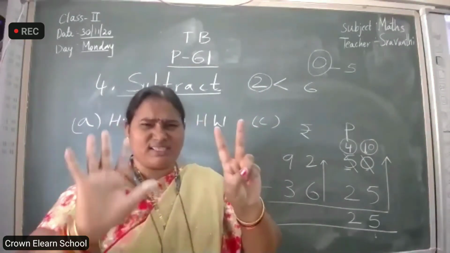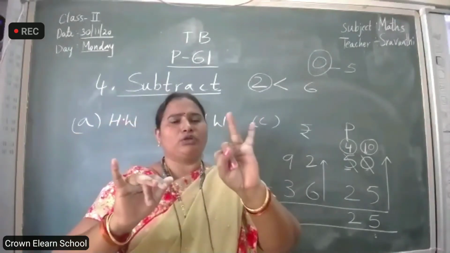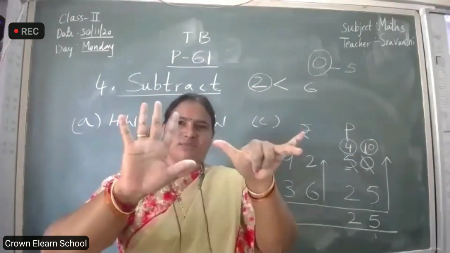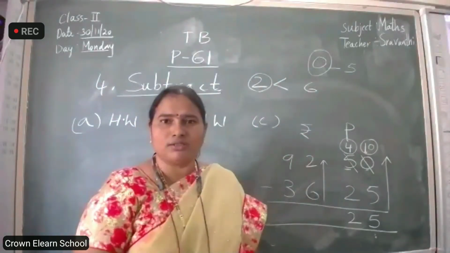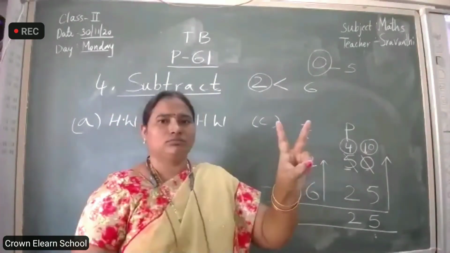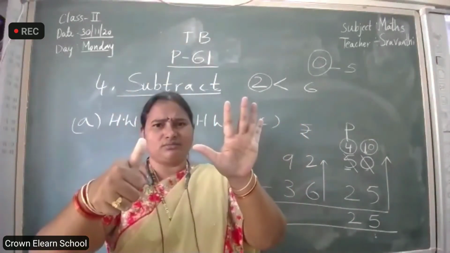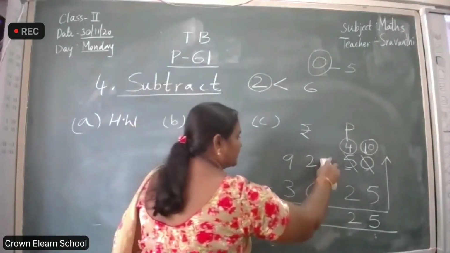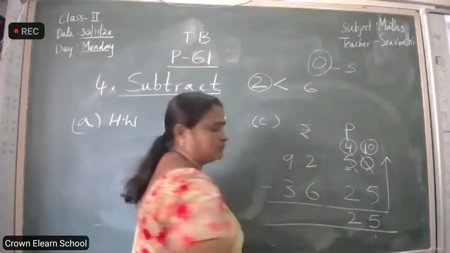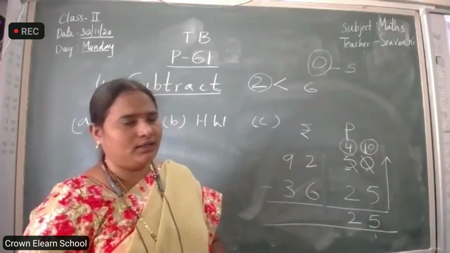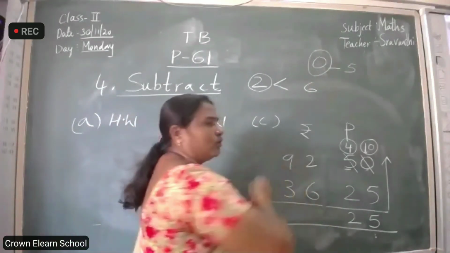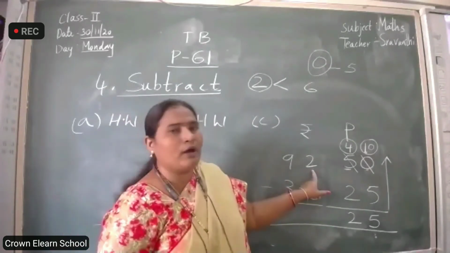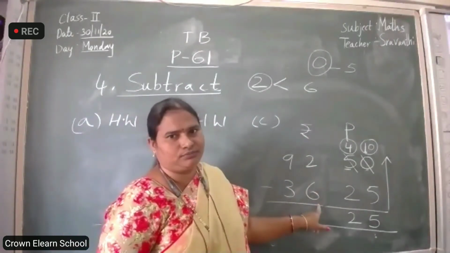Can you give 6 from them? No, we cannot. We have only 2. How can you give 6? Okay, we cannot. So this is also borrowing subtraction. How will you borrow?